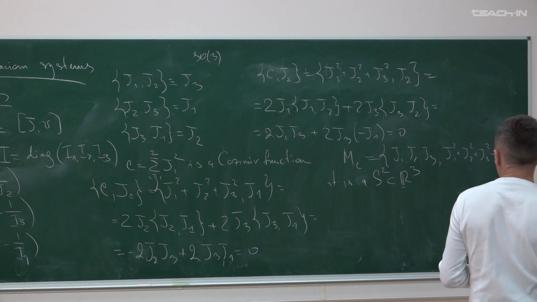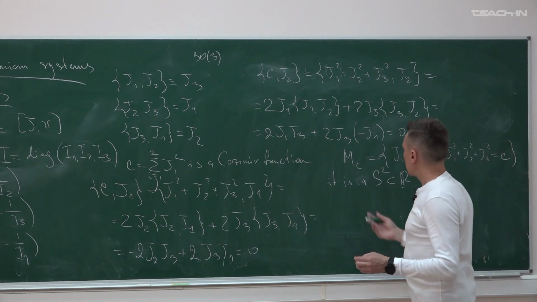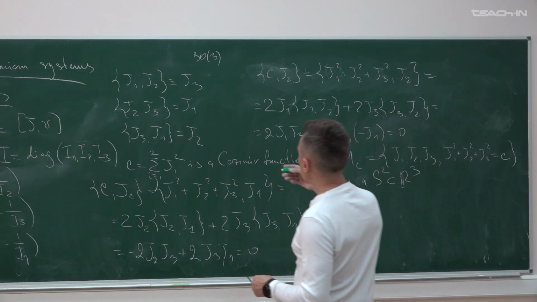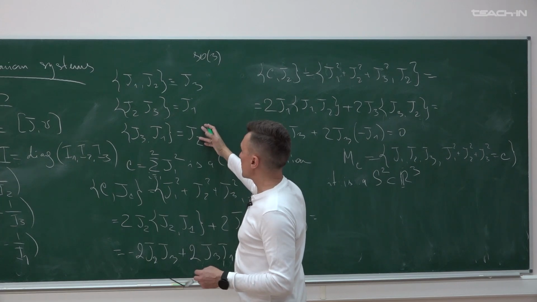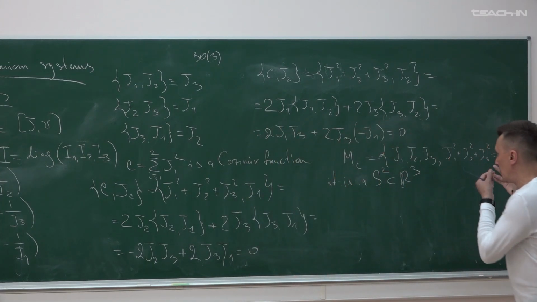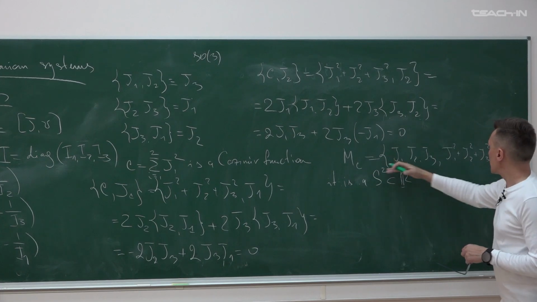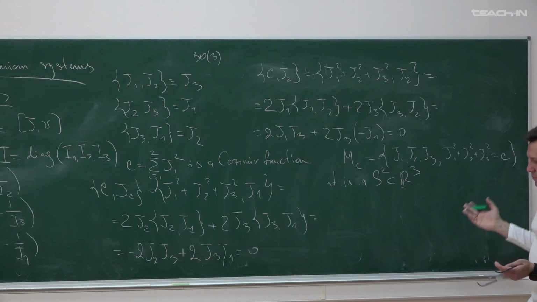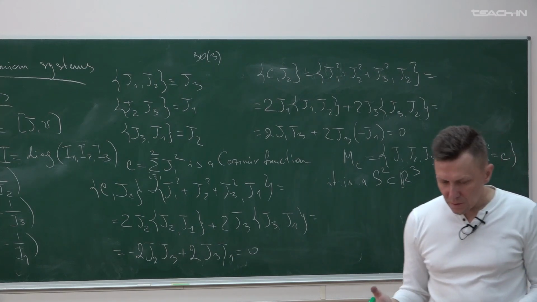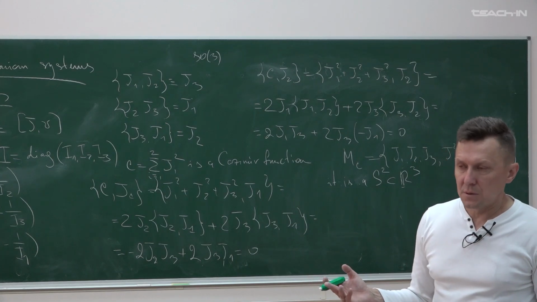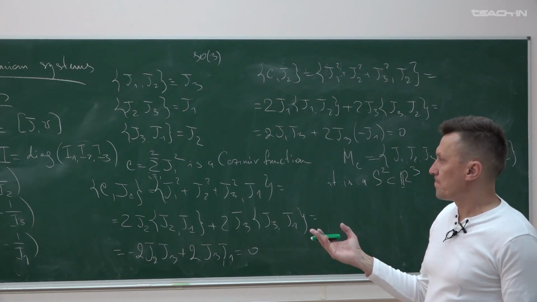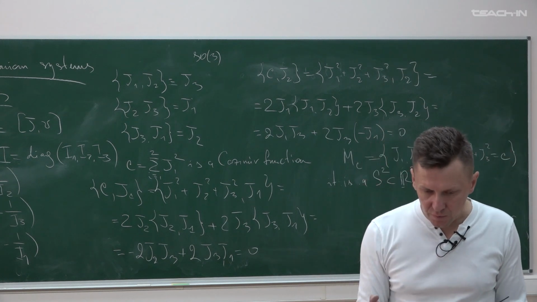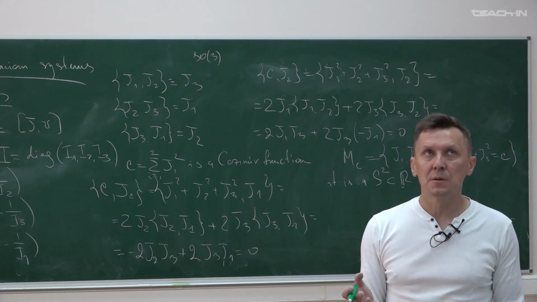How to understand that it is a symplectic manifold? So we'd like to restrict our Poisson structure on a three-dimensional space to the level set of the Casimir function. We get a Poisson structure on a sphere because it can be restricted to the functions of the level set of the Casimir function.